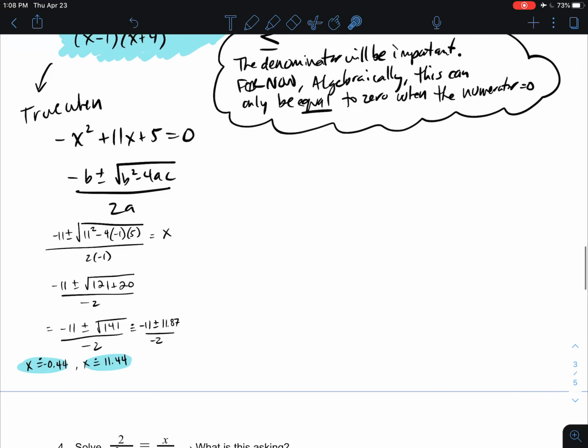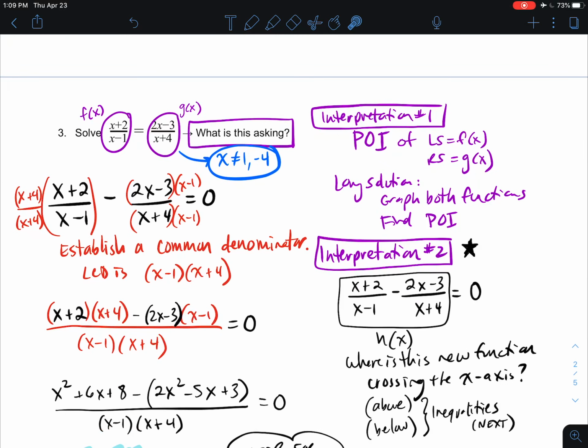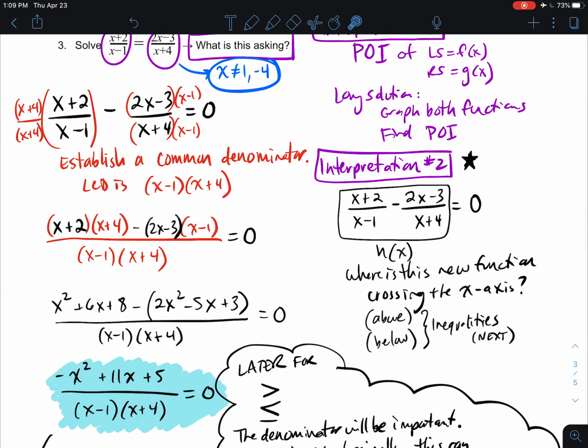One place where x is negative 0.44, and the other place would be when x is 11.44. Or in other words, if we create a new function by putting them both on the same side of the equation, this function is going to have a 0 at those two locations.